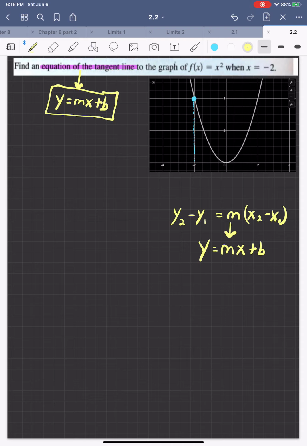Now, what were the requirements that we needed to use the point slope formula? Well, the title reveals it, right? To use the point slope formula, you need a point, right? Some xy point, and you need a slope.